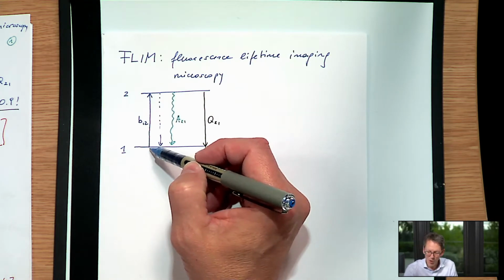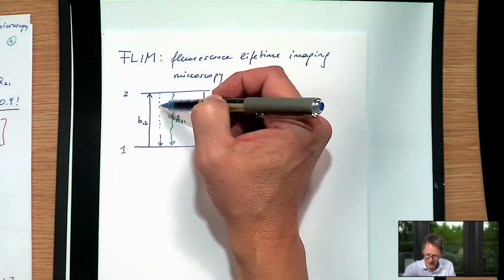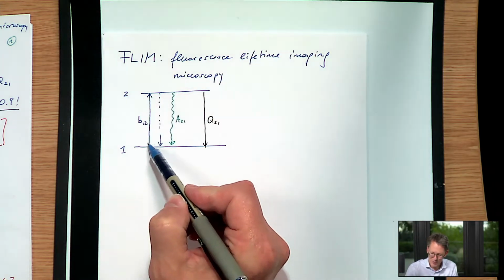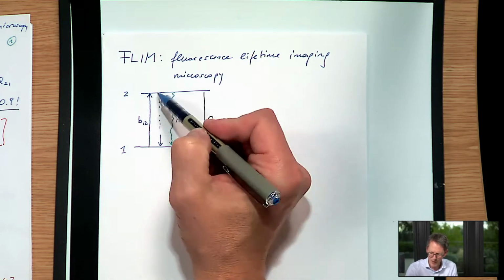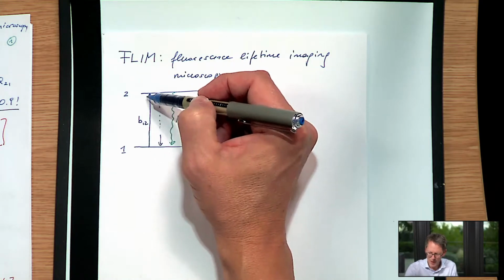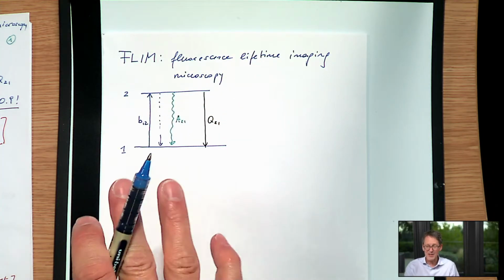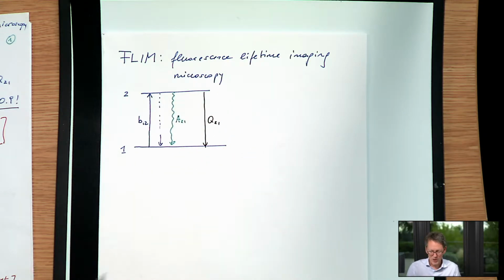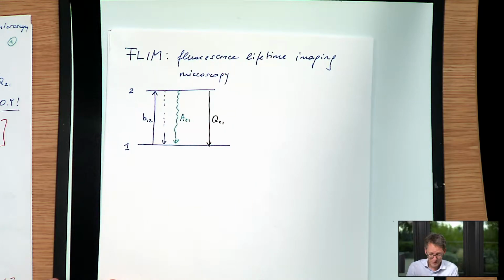Also, if we use small laser powers, then these two processes dominate over stimulated emission. So it's much more likely that the population from up here comes down this way and that way, rather than by stimulated emission. So we might drive out a B12, but we can ignore the stimulated emission part. And that is certainly true for the conditions that we need to do fluorescence lifetime imaging microscopy.